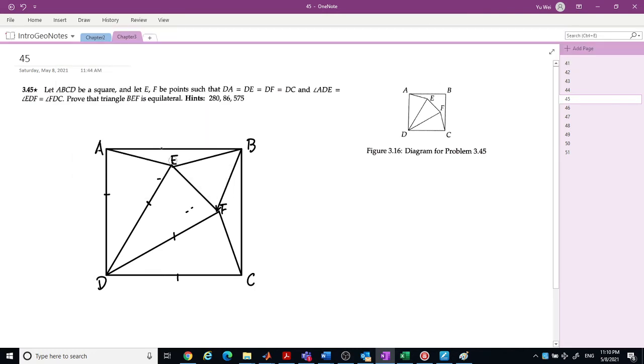There are several isosceles triangles, and we have 30, 30, and 30, so we can calculate some angles. This is 75, this is 15, and this is the same thing, this 75. So what we want to prove is EFB is equilateral, right?